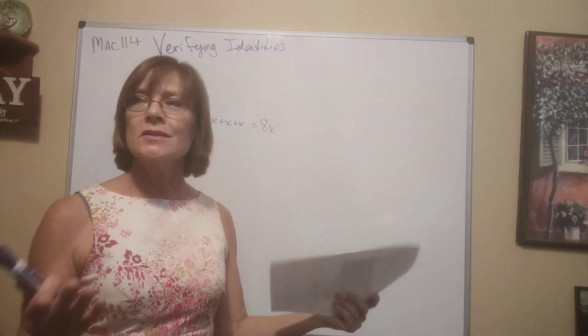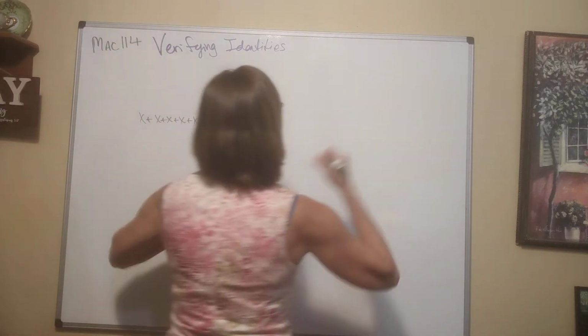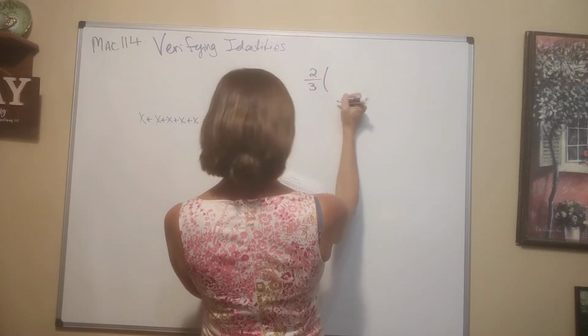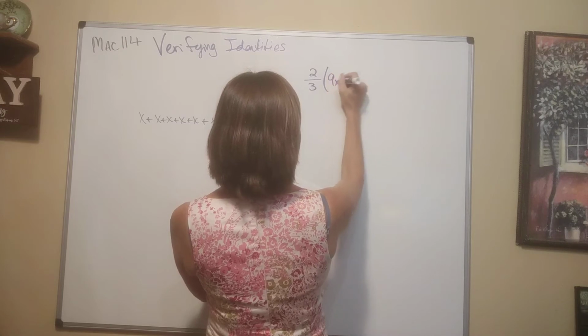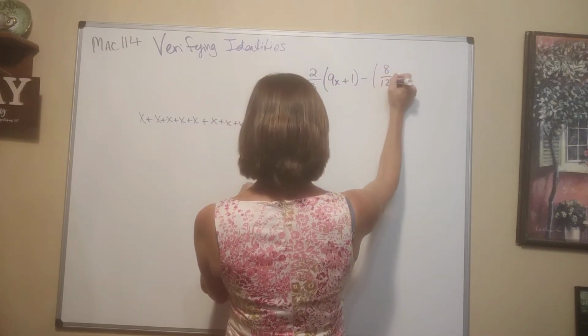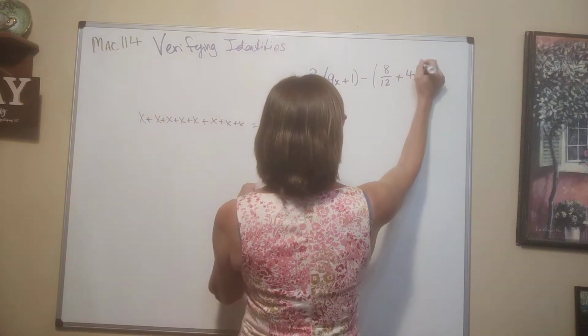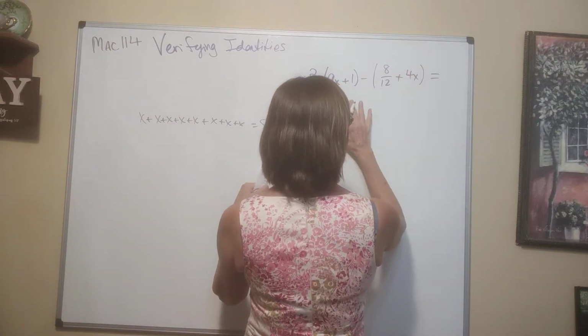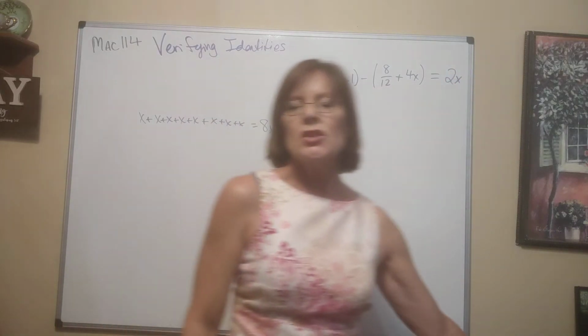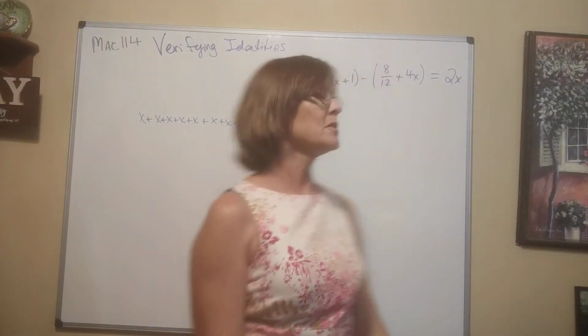So this is just a for example. I made this up. What if we have to show that 2/3 times 9x plus 1 minus 8/12 plus 4x? We have to verify that this side equals this side. Now, we're not using trig, but this is just an example of what verification means.